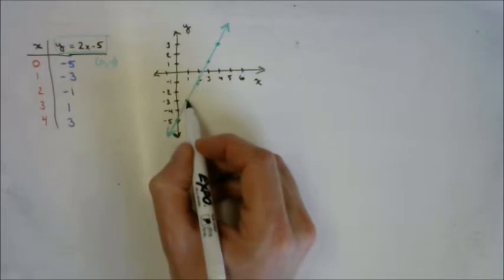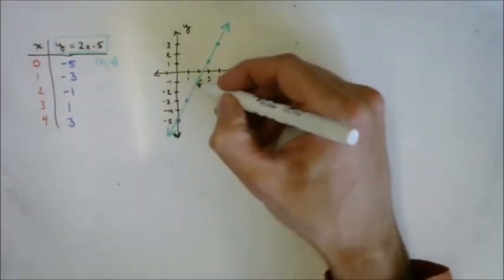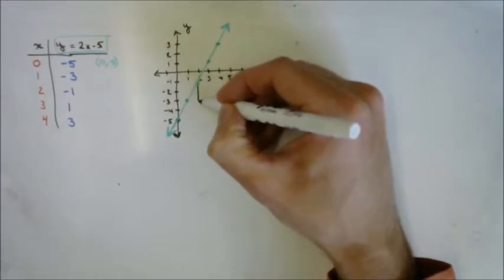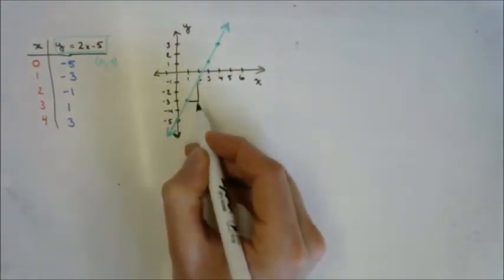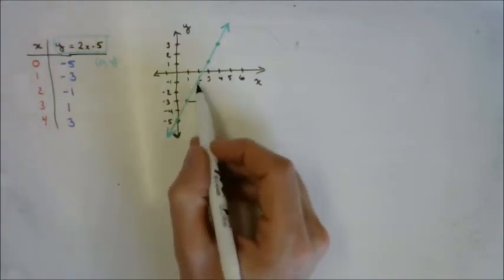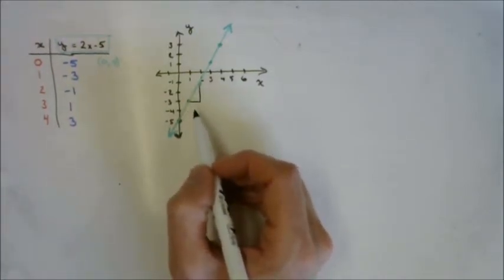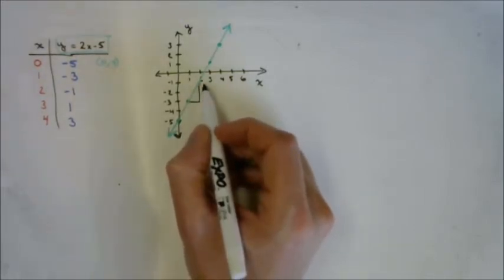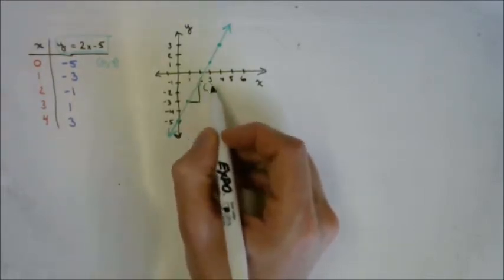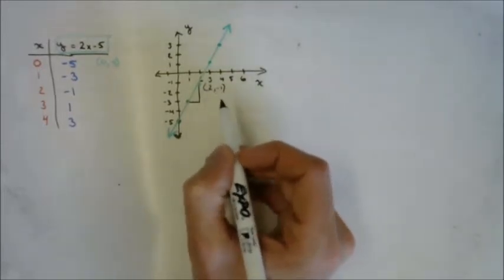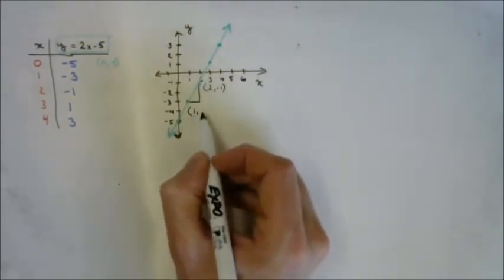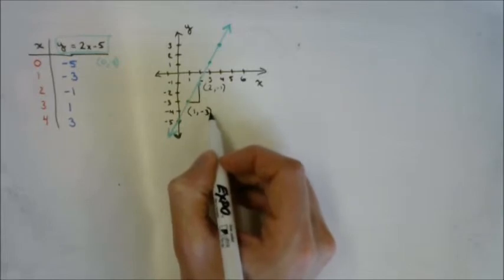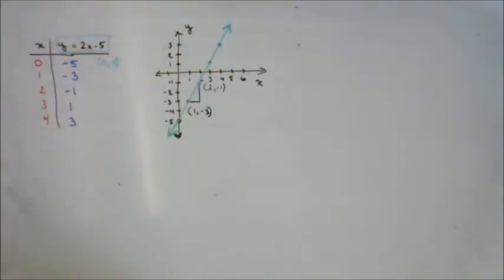I could draw my right angle triangle to get my rise over run. Here's my rise and here's my run, so 1 over 2. I could just do it from my very 2 points here: the point 2, negative 1, and the point 1, negative 3. So every time it's going across 1, up or down 2.